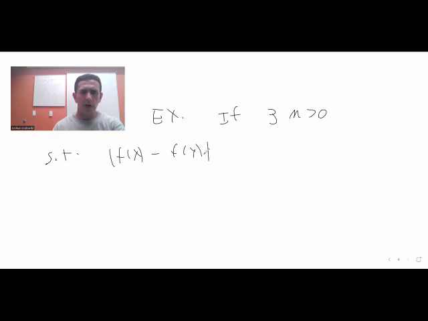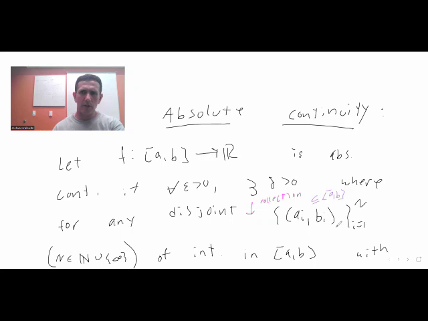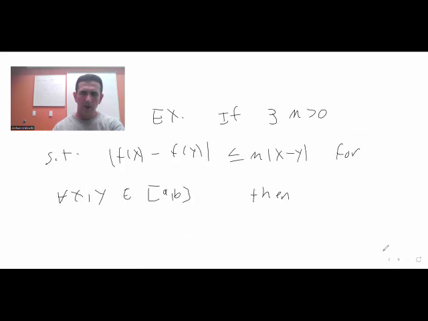So f is defined on a closed interval A to B, and this is true for any x, y in A to B. Then take something like this here. So let's say this is a disjoint collection of intervals in A to B. So I claim delta equals epsilon over m works.